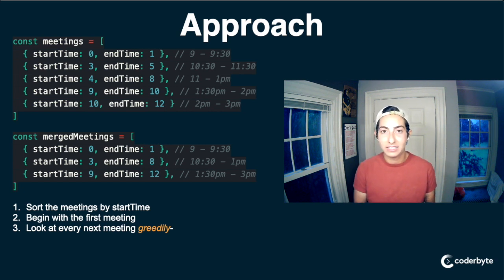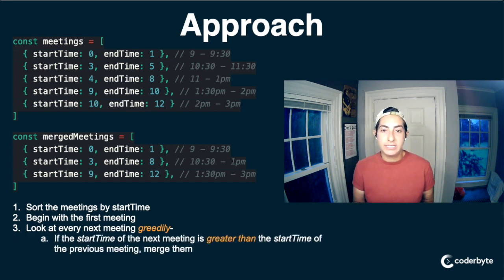We take the max of the two meetings we're comparing, and then we compare that to the next meeting, right? And we take the max again. So we take the best answer we have and we continue the iteration, taking the next best answer with each iteration until we have the best answer and we have the entire completed merged meetings array. So that's what we mean by greedily here.